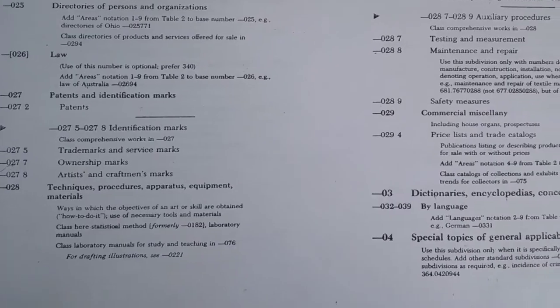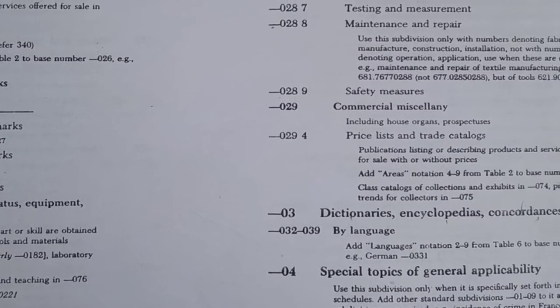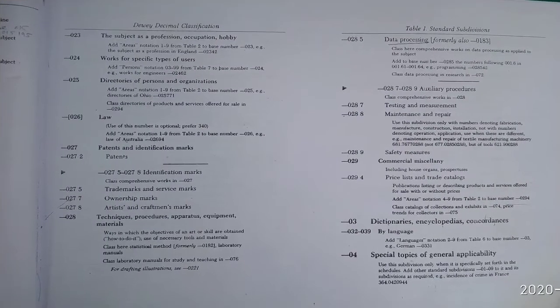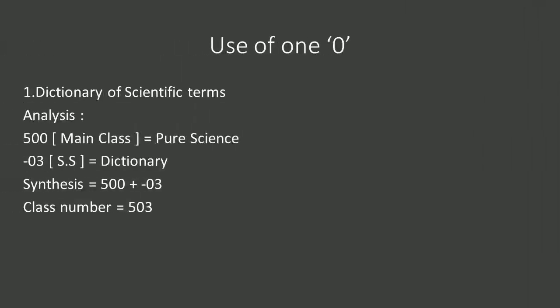You can see here -03 is for dictionary, encyclopedia, concordance. We can use the notation -03 for the dictionary, and likewise for the encyclopedia and the concordance. So in our case this document is a dictionary, so I have written here only dictionary. So our synthesis will be 500 plus 03.